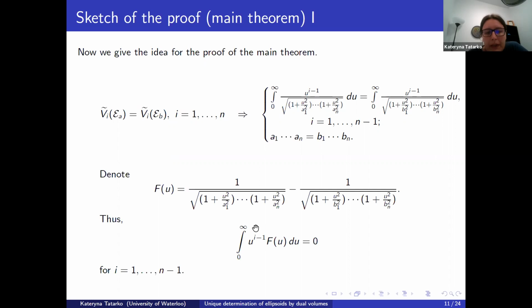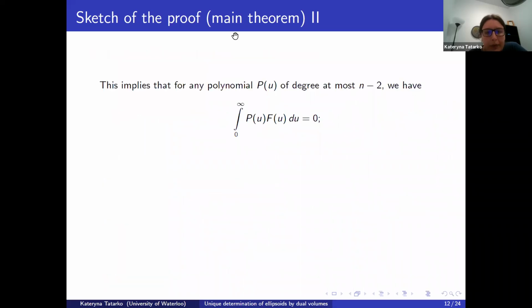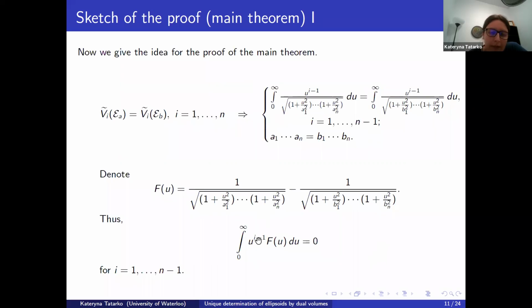We have that the integral over the positive real line of the following expression should be equal to 0. But what does this mean? This means that I can consider any polynomial of degree at most n-2, and degree at most n-2 because we have the power of u here i-1, and the largest index i which we can take is n-1.